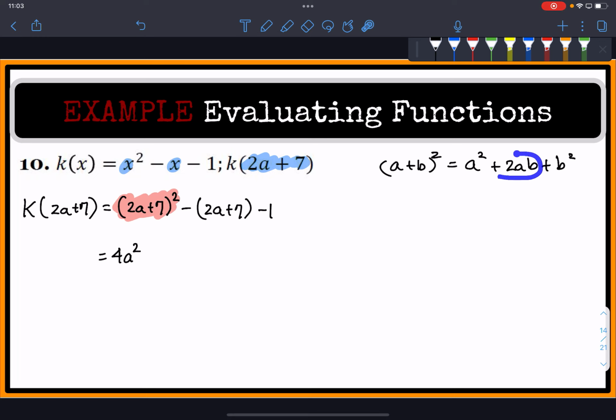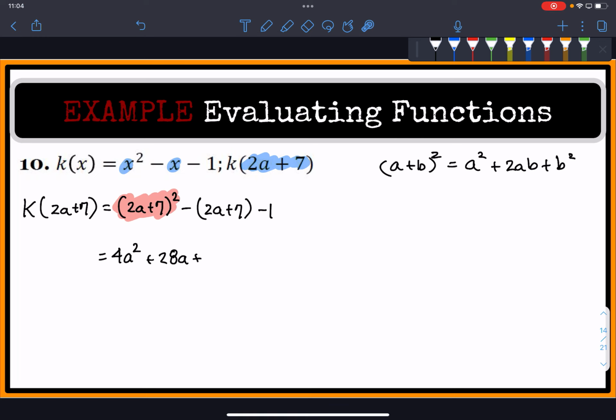The middle term, which is plus 2ab, so let me put my plus sign, 2ab is going to multiply a and b together, which in this case are these two values there, and then double it. So 2a times 7, that's 14a, doubled is 28, so 28a.